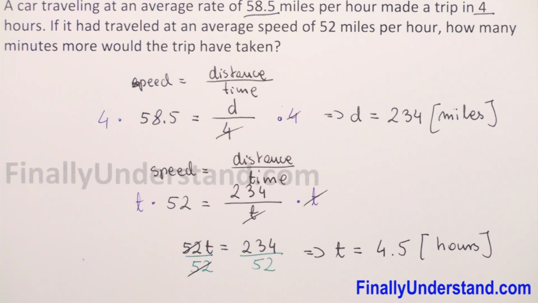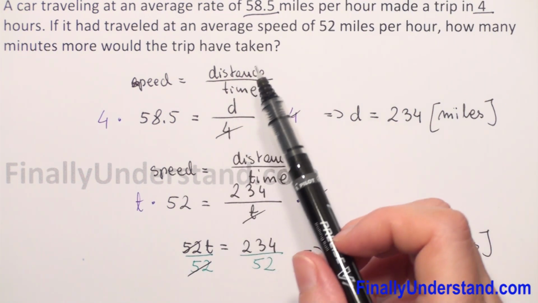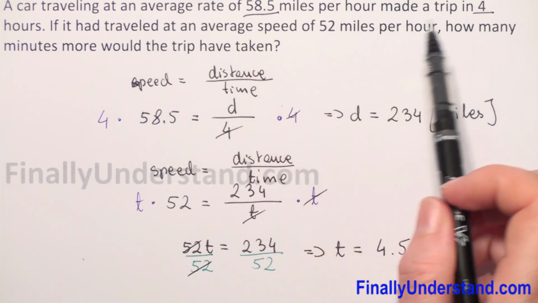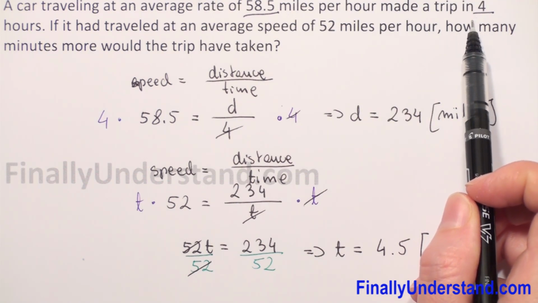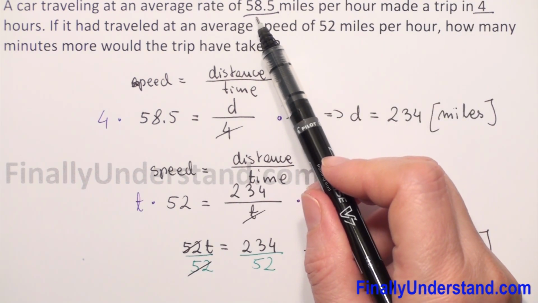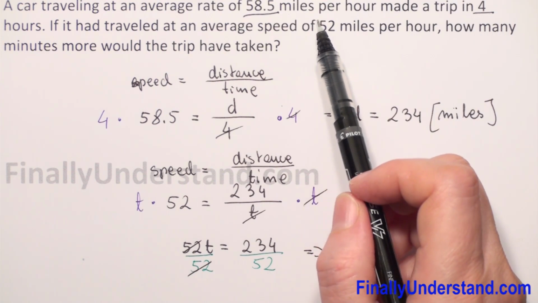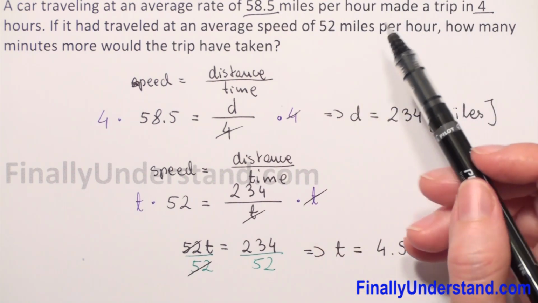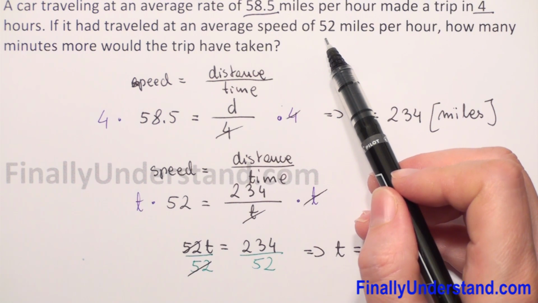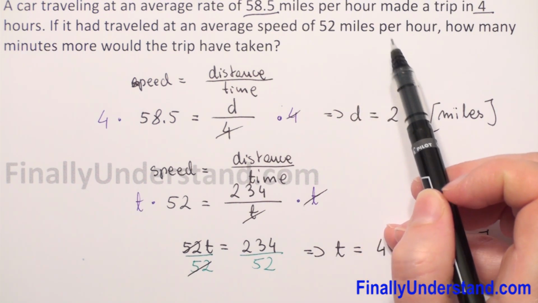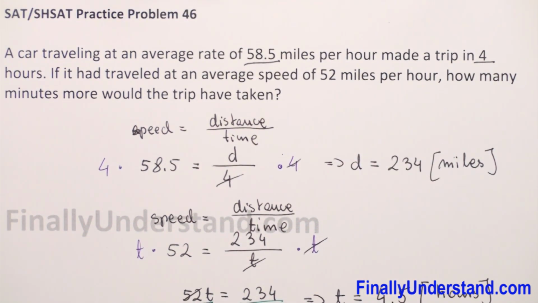So when we have the times, now we have to calculate how many minutes more the trip would have taken. The first car traveled 4 hours when the speed was 58.5 miles per hour, and when the speed was 52 miles per hour, the car traveled 4.5 hours.